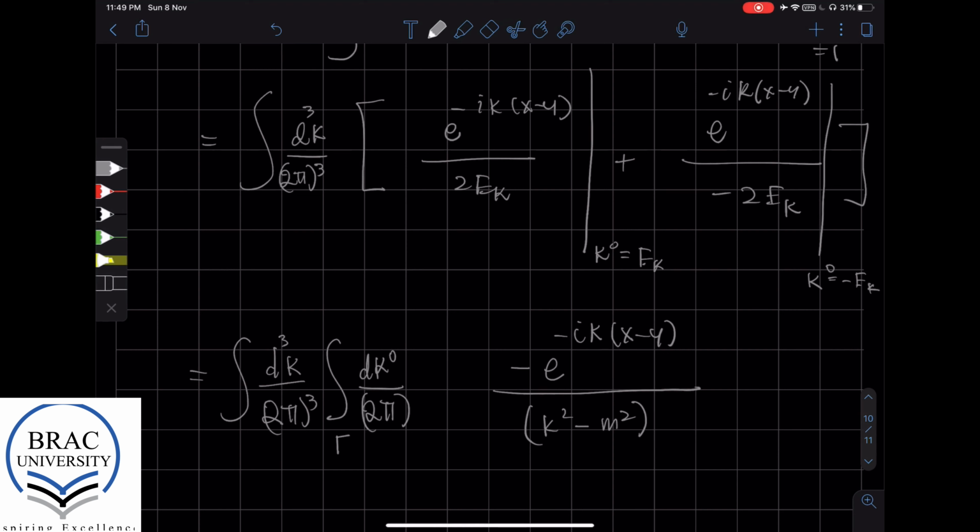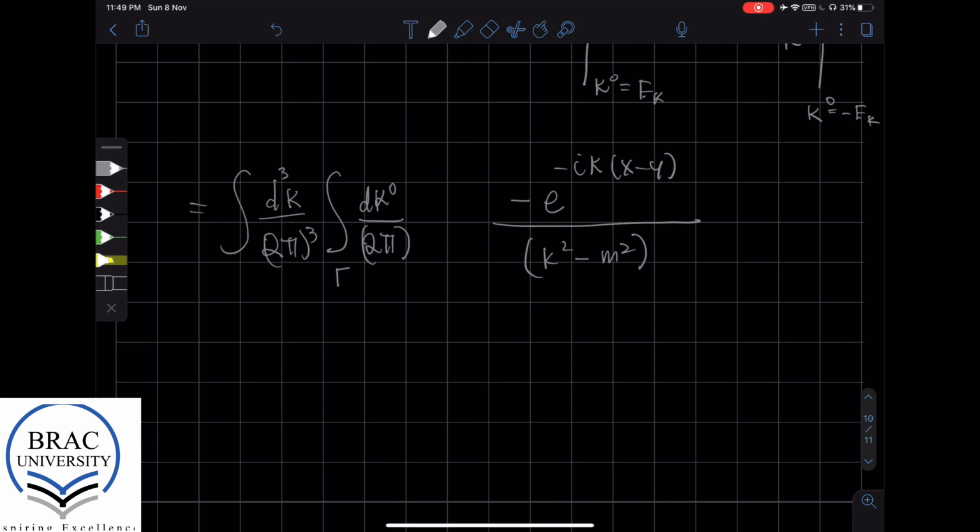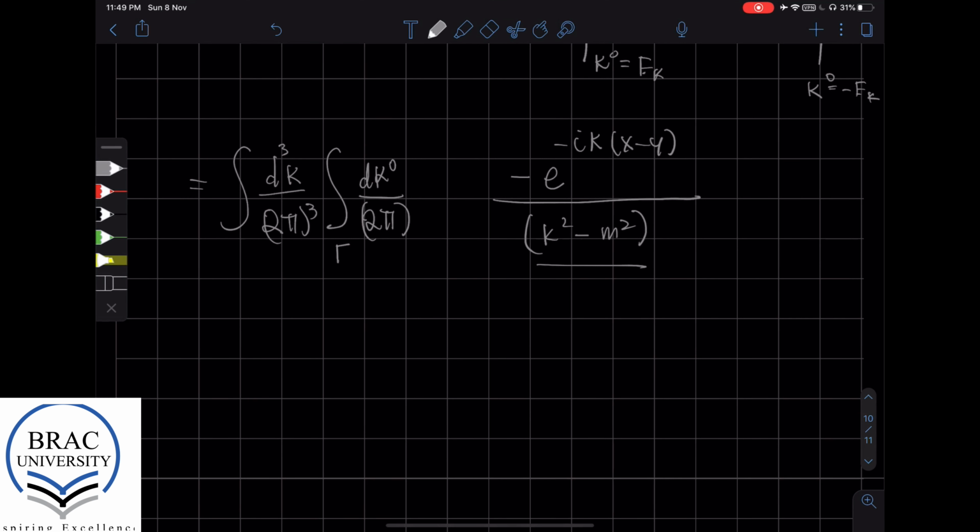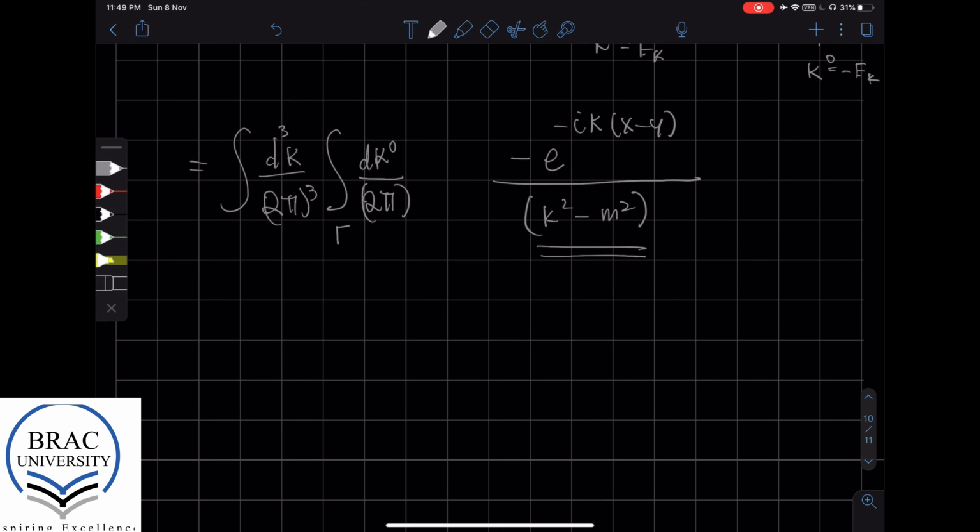What's happening here is that this is a contour integral. The zeroth integral is an integral over the contour gamma. We see that in the k0 plane, the integrand has poles at k0 equal to plus E_k and k0 equal to minus E_k.